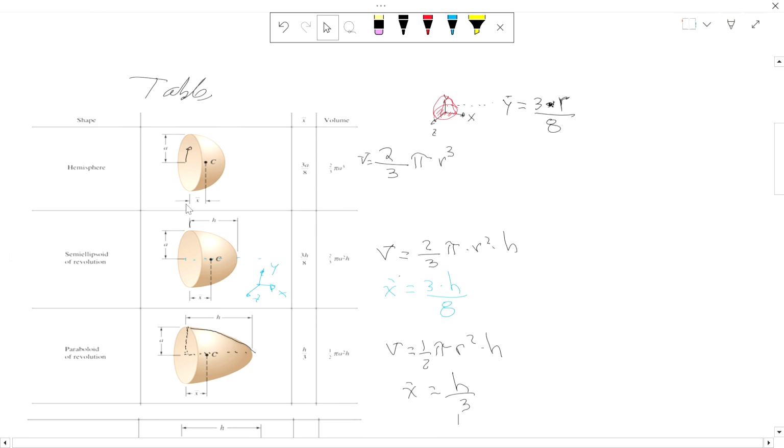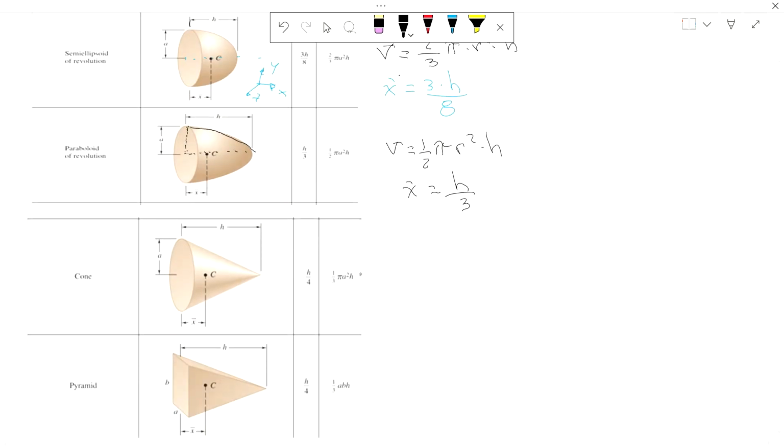All right, we have a few more objects. The cone is, again, along x. And also, careful with another thing. If the cone is up, it's a mirror basically. If the cone starts here and the base is over here, then it's going to be h minus the centroid.